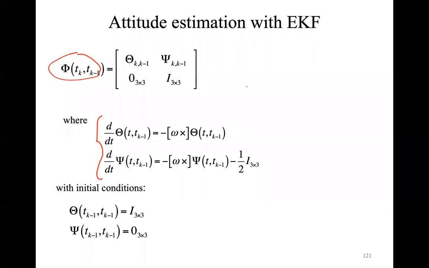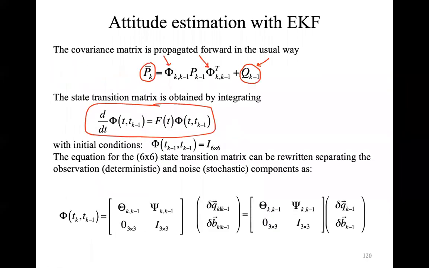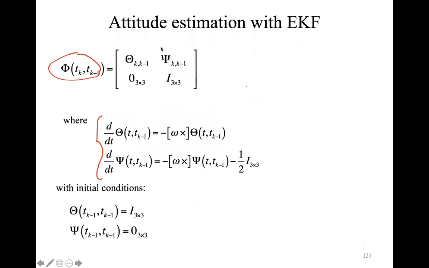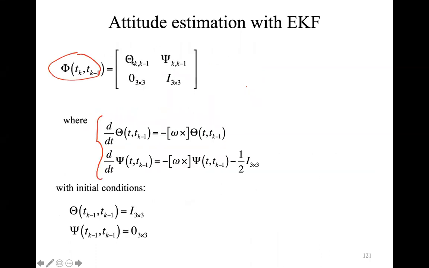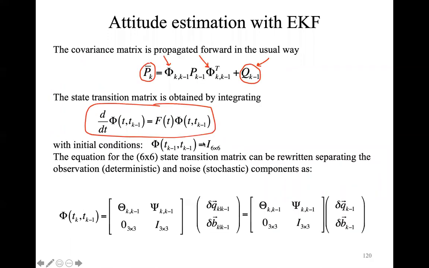What is meant here is that psi is the off-diagonal matrix. If you start from phi as the identity, it means you start from theta as the identity, and psi is 0. So you are starting from exactly the same condition.